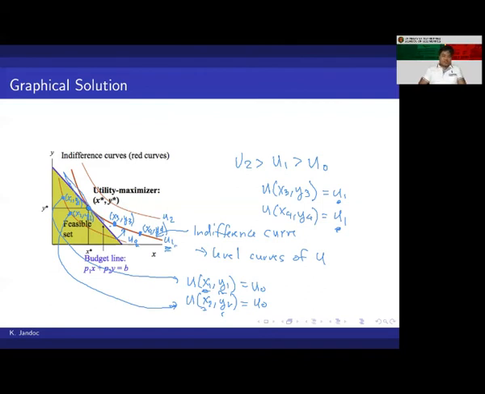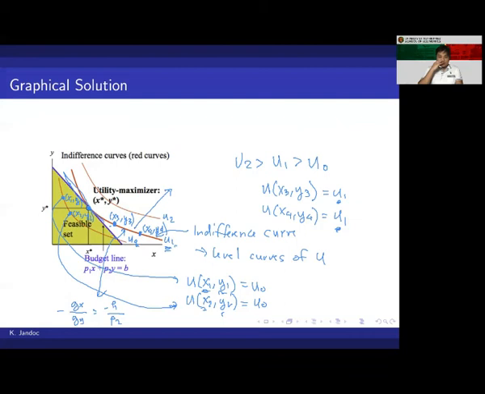So the question is, what is the slope of the budget line? From the implicit function theorem, that's just negative g of x divided by g of y. So that is equal to negative p1 over p2. And what is the slope of the indifference curve?